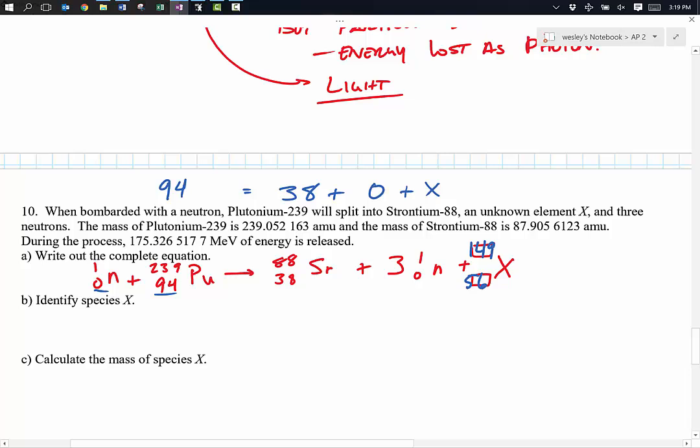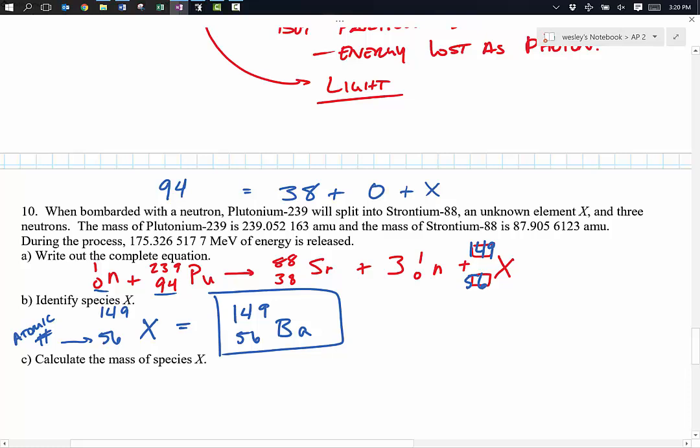So this element X has 149 nucleons and 56 protons, which means its atomic number is 56. We look it up on our periodic table, and it turns out that is barium. 149 over 56 barium.